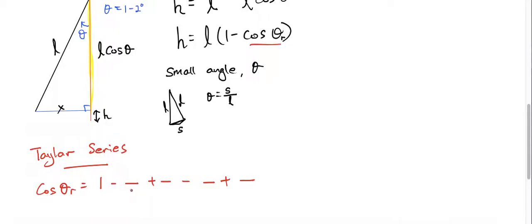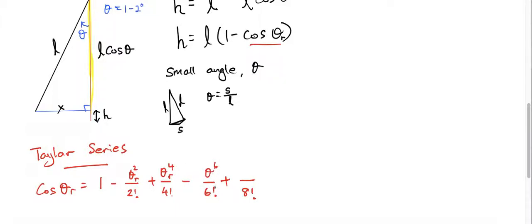Cos is an even series, so it's 2 factorial, 4 factorial, 6 factorial, 8 factorial. We do not need to have so many terms. Then this is actually radian squared, radian power 4, radian power 6.